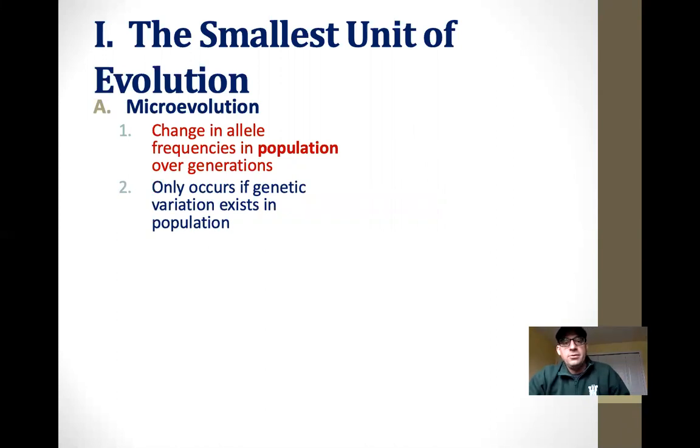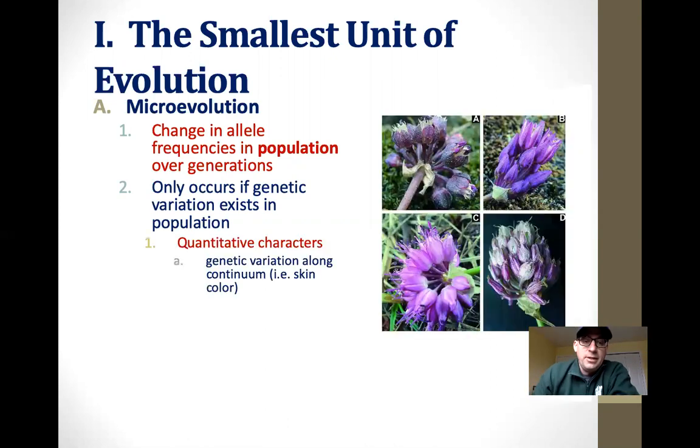So microevolution, changing in allele frequencies in populations over many generations, can only occur if genetic variation exists in the population. And there's two ways that we actually see genetic variation occurring in nature. And generally what we see is variation in phenotype, which is reflected by variations in the genotype.